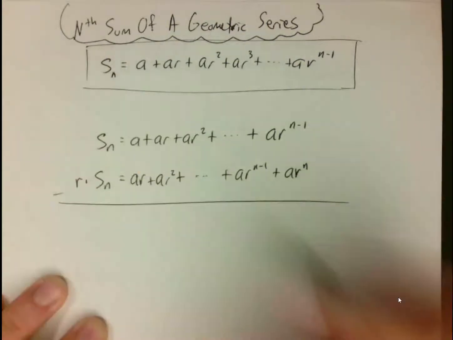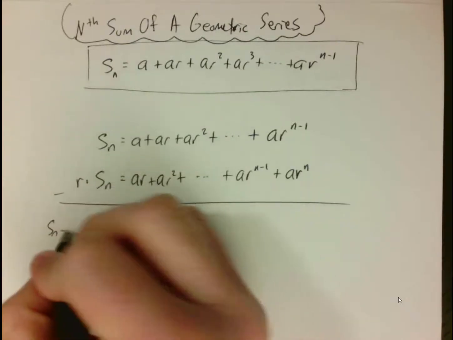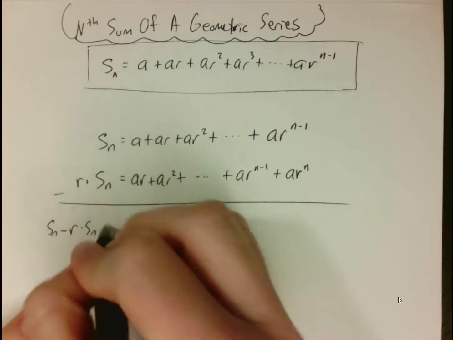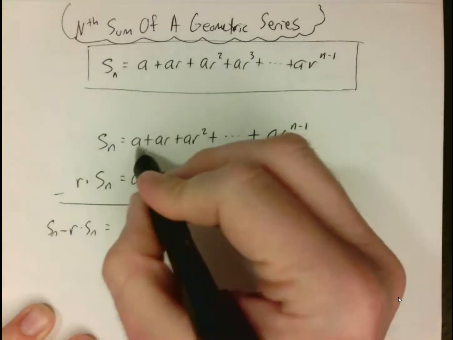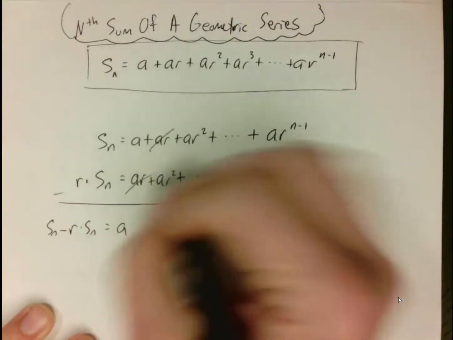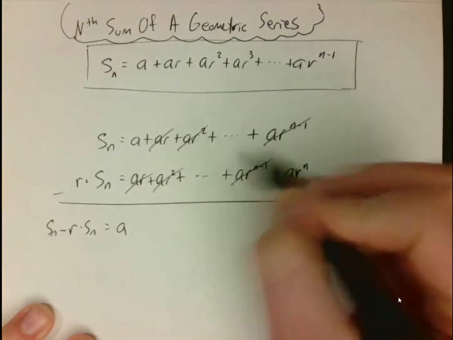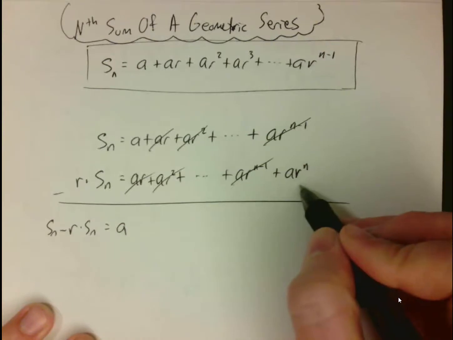And then you subtract the two. So here I've got Sn minus r times Sn. On the right-hand side, I've got a, and then I've got ar minus ar, so those cancel. Ar squared minus ar squared, so those cancel. And everything cancels all the way down to this last term.